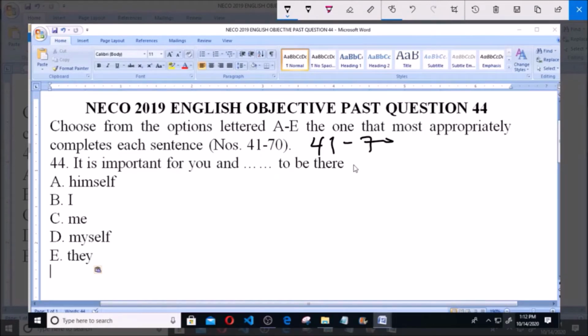It is important for you and dash to be here. Option A, himself. B, I. C, me. D, myself. E, they. Now this question is coming from pronoun. And remember, in pronoun we have what we call pronoun cases.